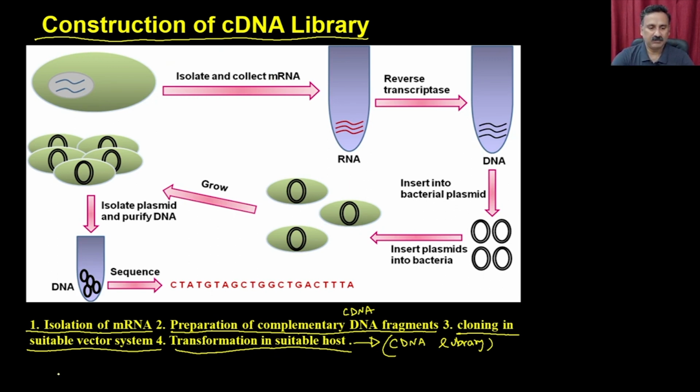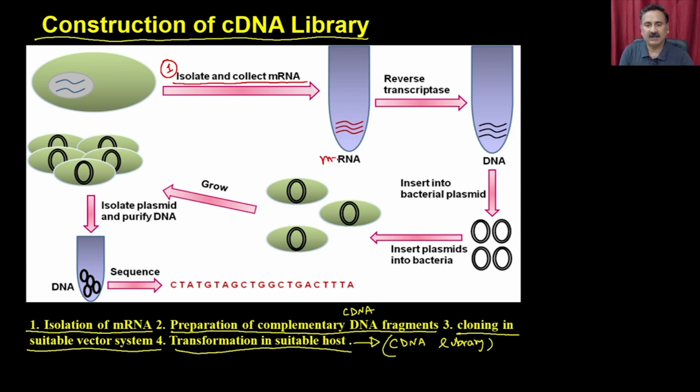First you break open the cells, you get the cell lysate, and from the cell lysate you isolate the messenger RNA, and we are going to discuss how you do that.